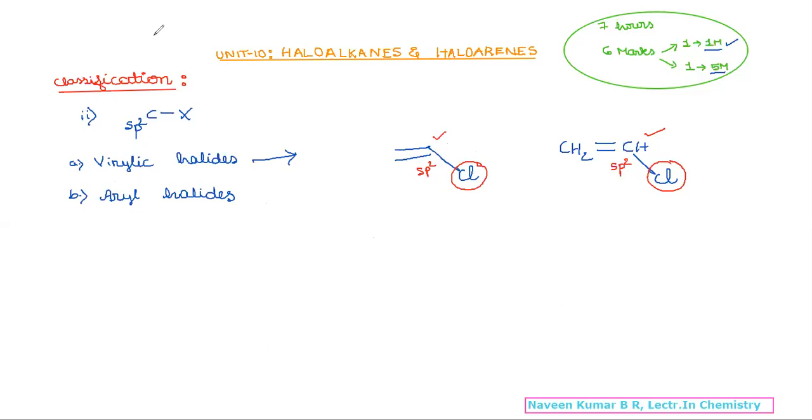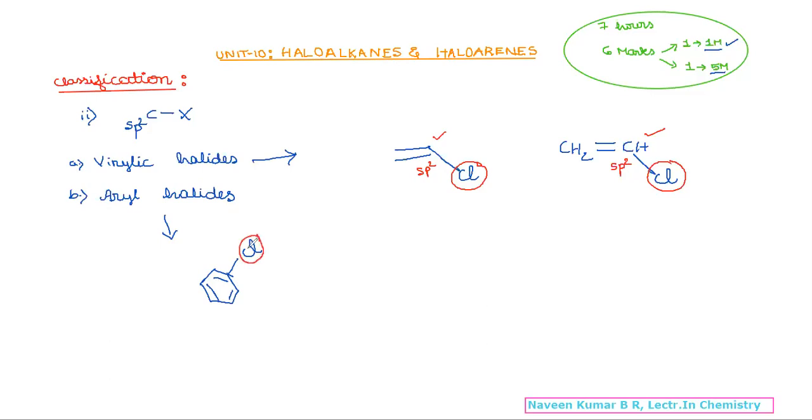Similarly, if we take aryl halides, in the case of aryl halides, the halogen atom is directly attached to the aromatic ring.